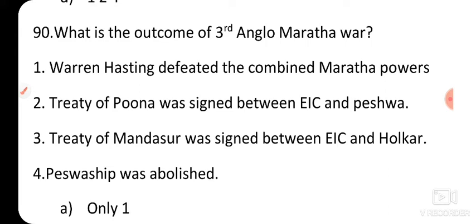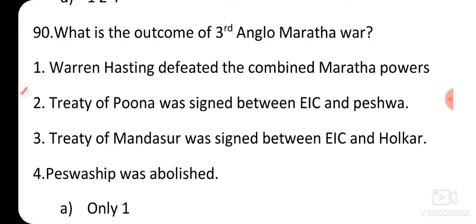Warren Hastings was not the ruler at that time. Lord Hastings was the ruler. I'm sorry. So Lord Hastings defeated the combined Maratha power, and he signed the Treaty of Pune between East India Company and Peshwa, and the Treaty of Mandsaur was signed between East India Company and Holkar, and Peshwaship was abolished in 1818.